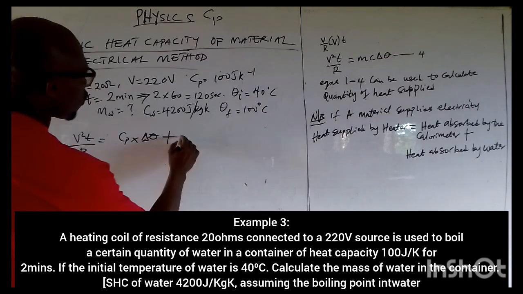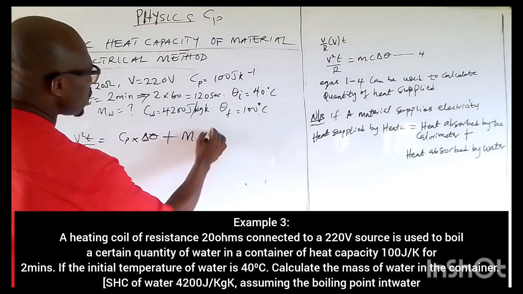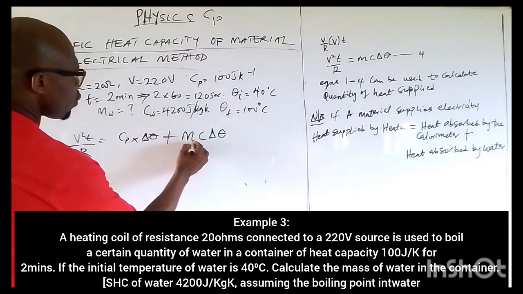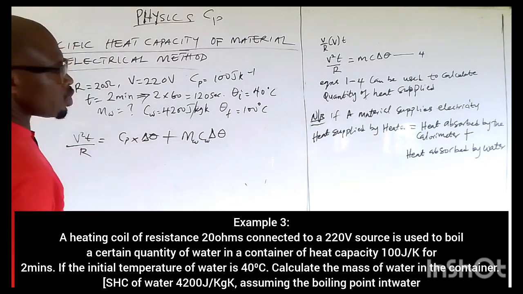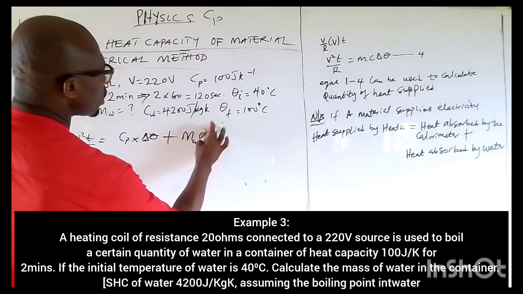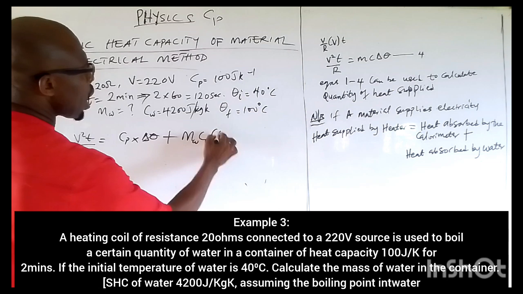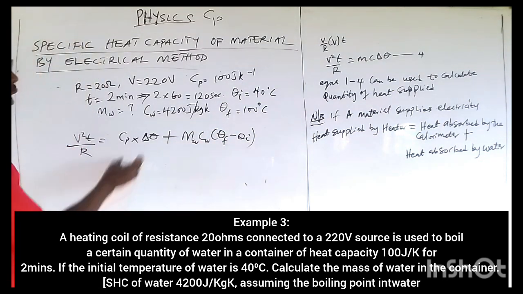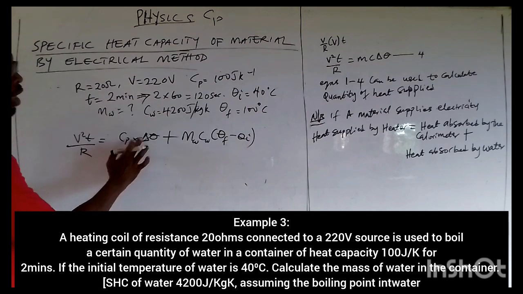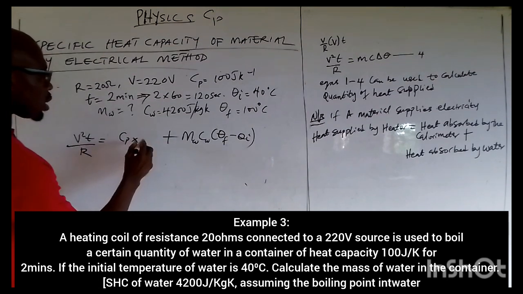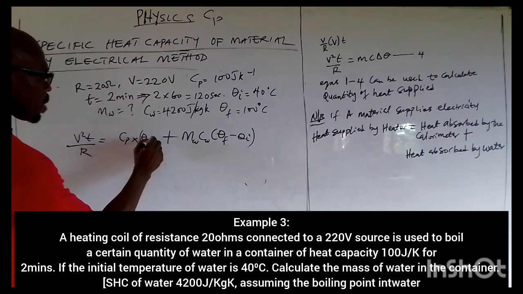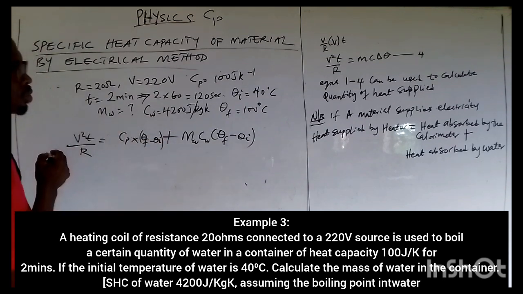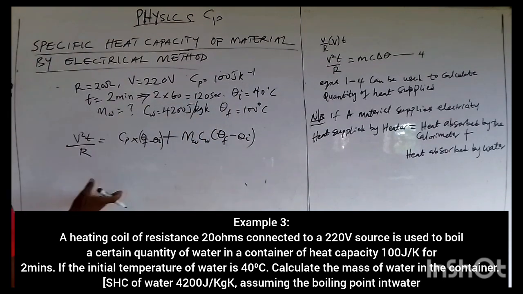That of water will give us MC delta theta, where you have mass of water, specific heat capacity of water, then for the temperature, we have theta F minus theta initial. The same thing is applicable to this one. Having all these things, we can now substitute to get our value.